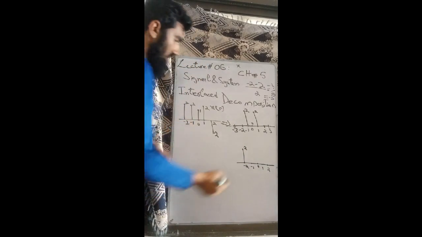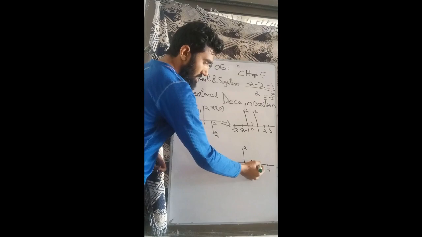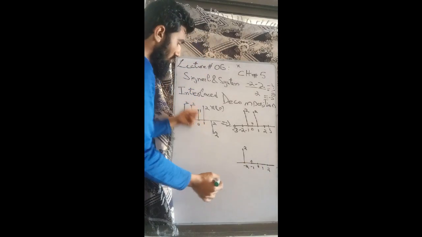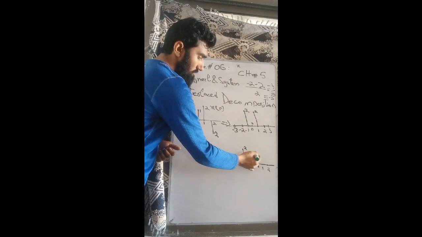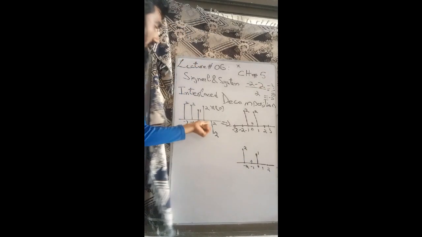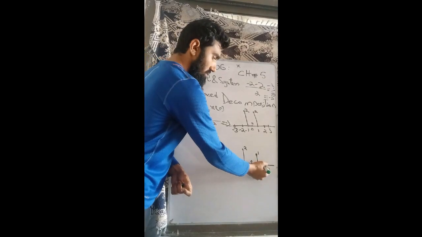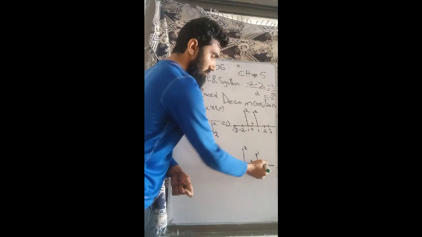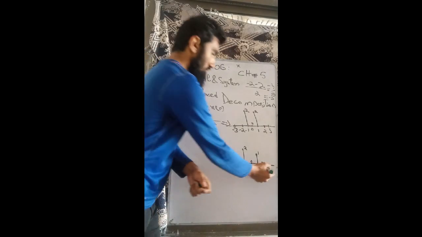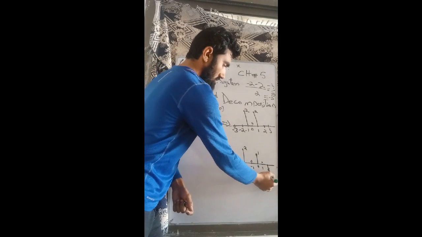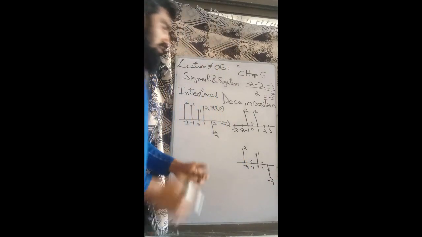And -1 is an odd index, we will take 0 value, and 0 is again even, so we are taking the value of 1, sorry. And at 1 it is odd, so we are assuming that it is 0, and at 2 it is -2.